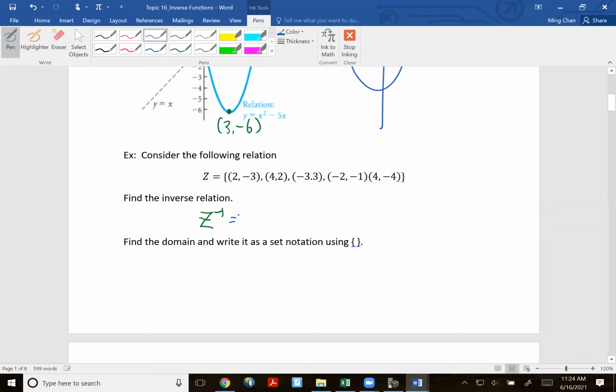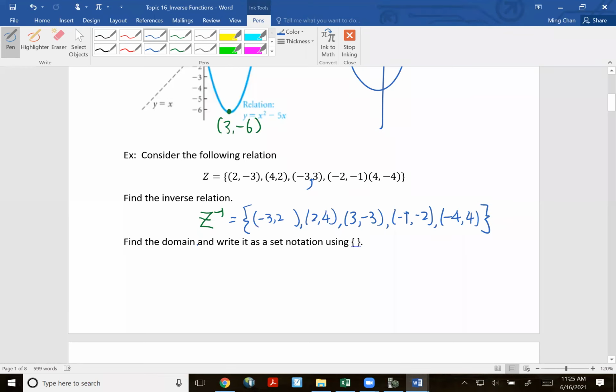The inverse of z will simply be the interchange between all the x and y coordinates. -3 comma 3 becomes 3 comma -3. -2, -1 becomes -1, -2. -4, -4 becomes -4, 4. So all the interchanges between the x and y coordinates become its inverse.